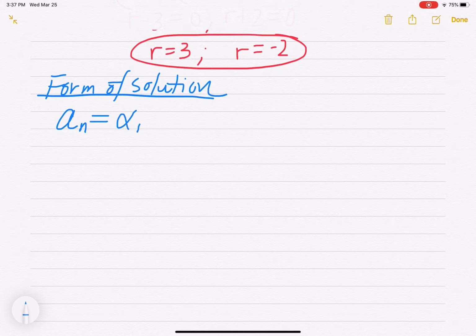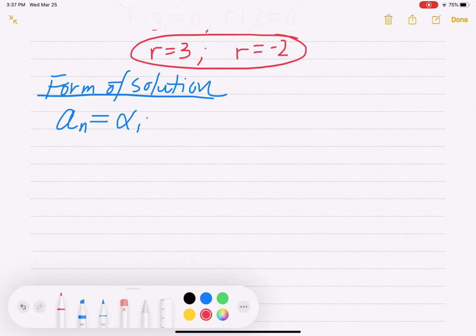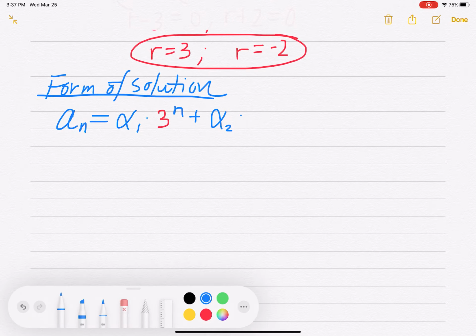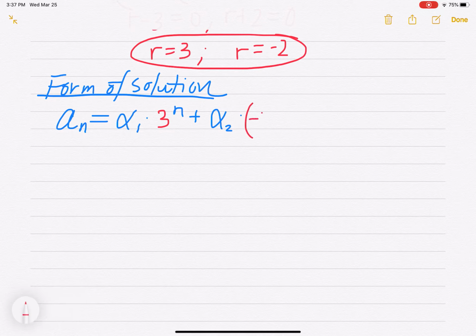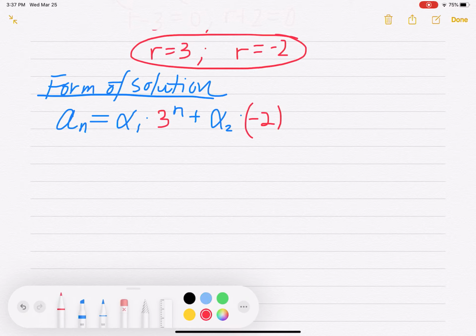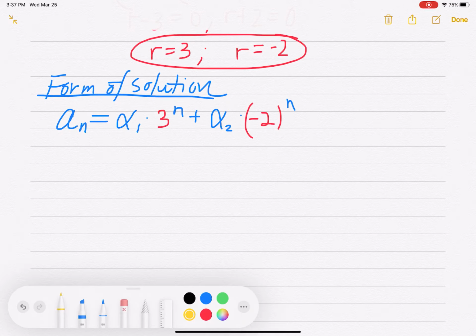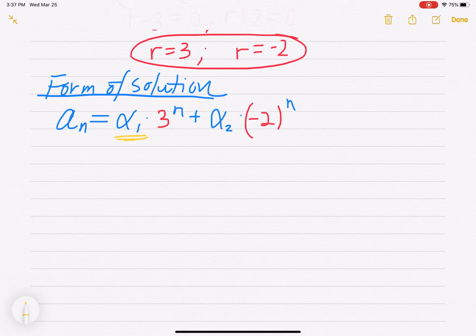Alpha 1 times your first root to the n power plus alpha 2 times your second root, which is negative 2 to the n power. So the only real task that we have to do here is finding this alpha 1 and alpha 2.